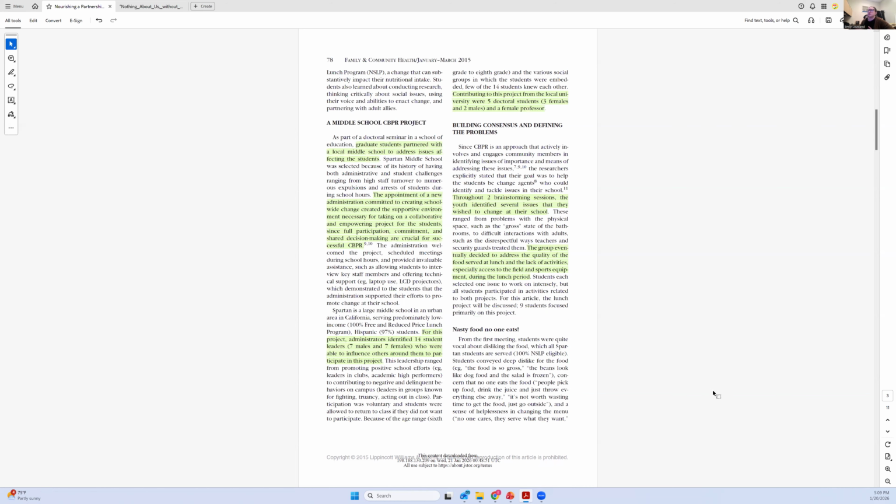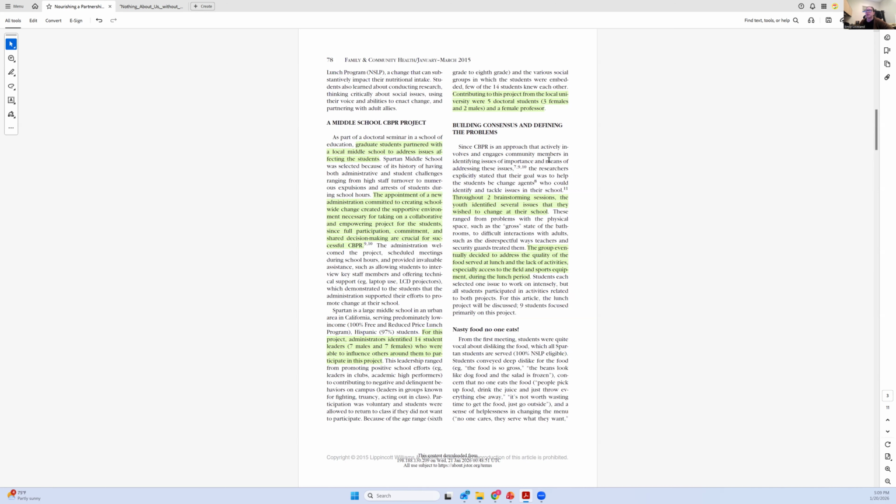And so they had some graduate students and a professor engage with a local middle school to address different issues affecting the students. And the administrators of the school selected 14 student leaders who would be the student researchers on this project. They started by defining the problem.